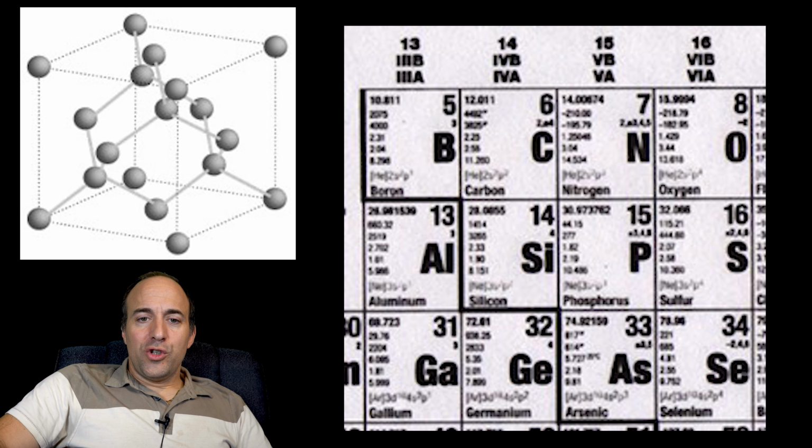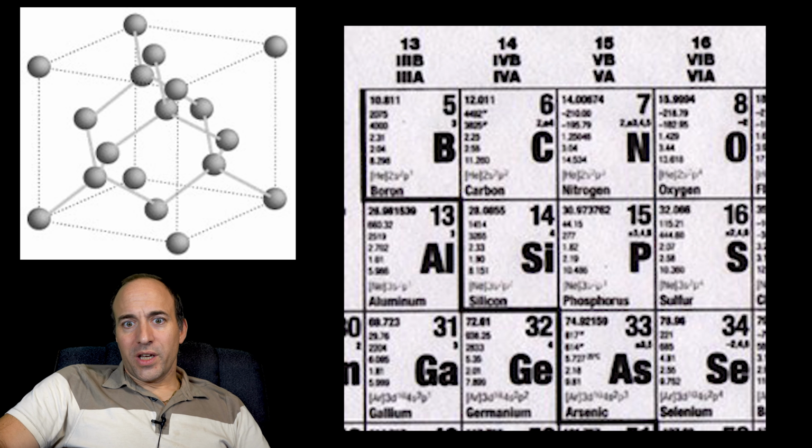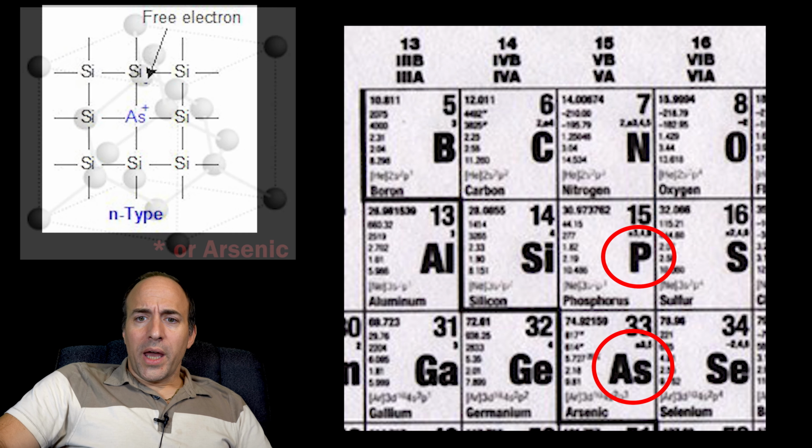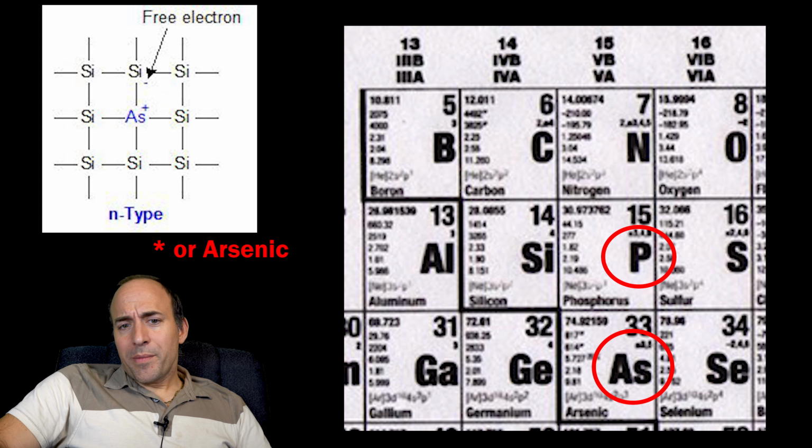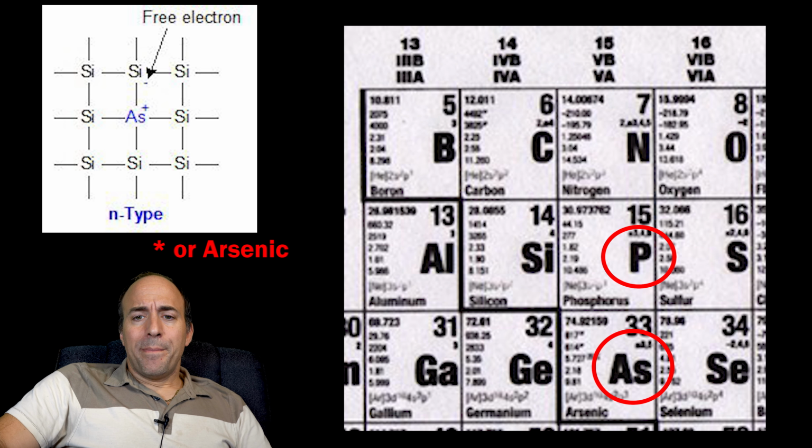So if you dope a silicon crystal with a group 5 element like phosphorus, phosphorus atoms replace some of the silicon atoms in the lattice, but this adds an additional electron which is mobile. So it's free to move about the lattice, and that electron can carry current through the lattice.